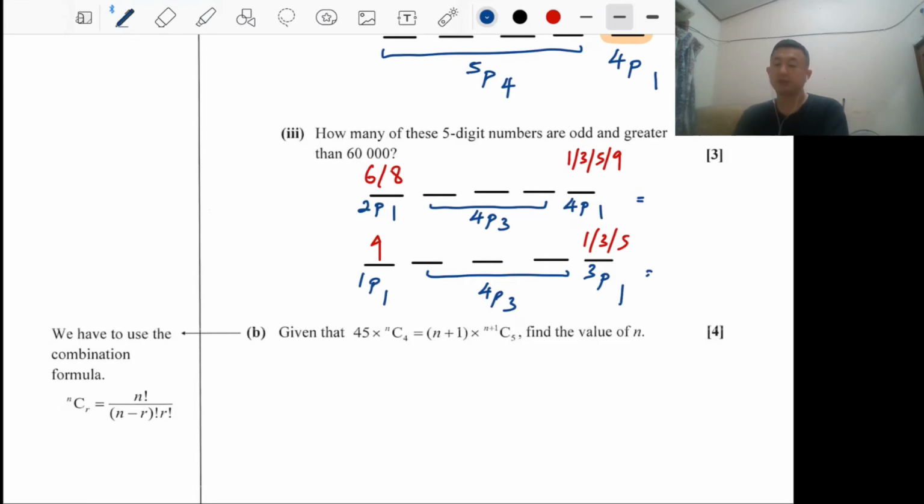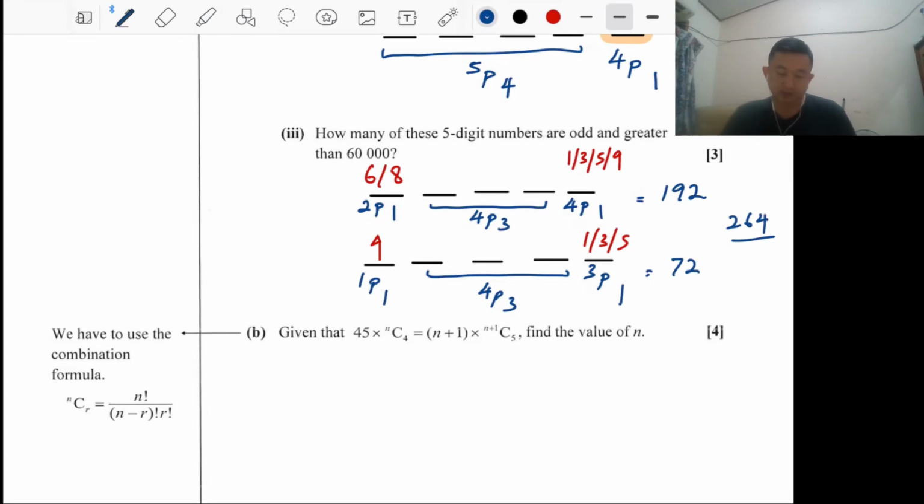Let's figure out the answer. 2P1 times 4P3 times 4P1, 192. 1P1 is 1, so it doesn't really matter. 4P3 times 3P1, 72. So 192 plus 72, you should get 264. 264 should be your final answer.